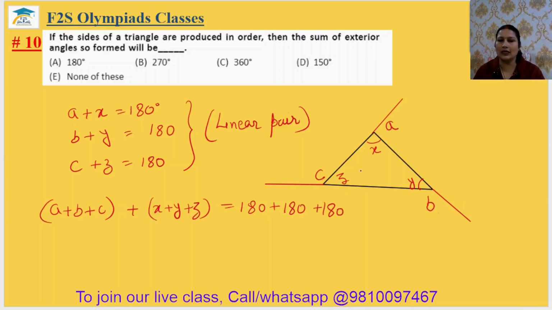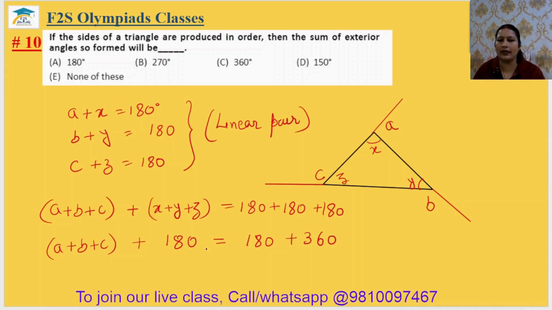Now you can see X plus Y plus Z is the sum of the angles of a triangle, whose sum should be 180. So this will be A plus B plus C, and we can write X plus Y plus Z as 180, and here we can write 180 plus 360.